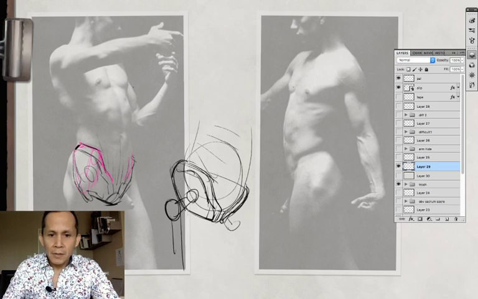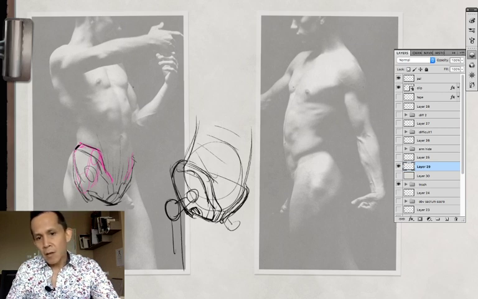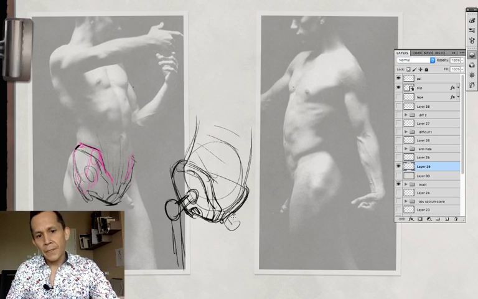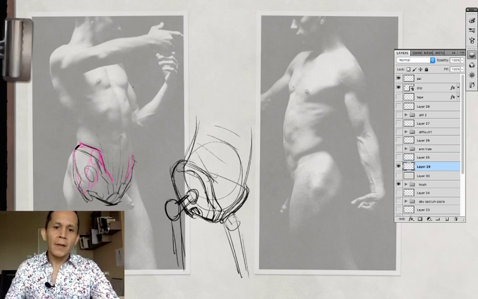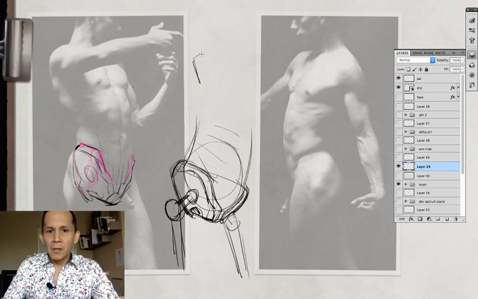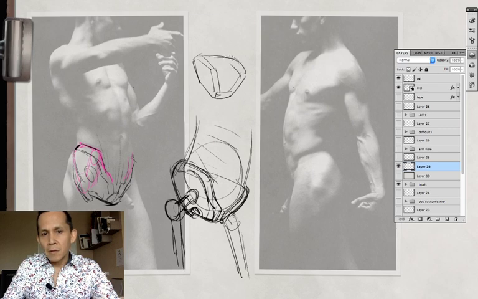At the back, it has a little bit of a tail, and that's the sacrum. So I would get used to drawing it as this shape, as a bowl, from any angle. Hope that makes sense.